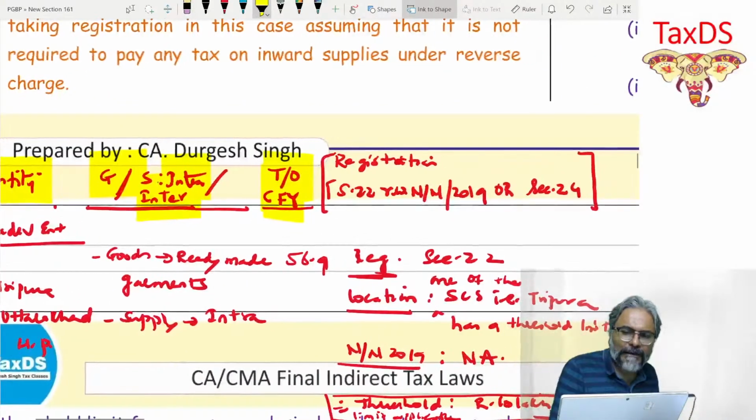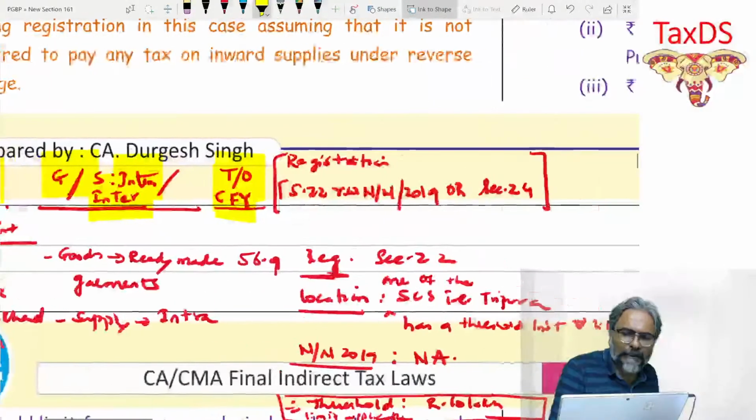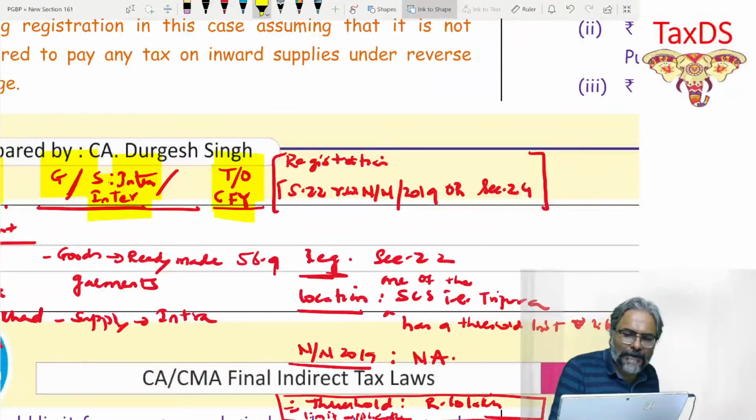And then, students, finally, over here would be registration under section 22, where the registration will be done. 22 read with notification number 20 of 2019, or it will be under section 24.